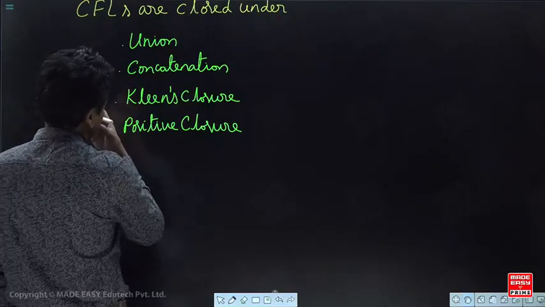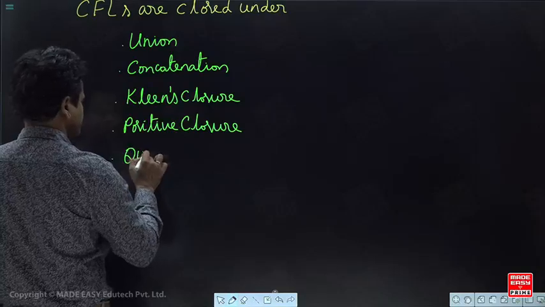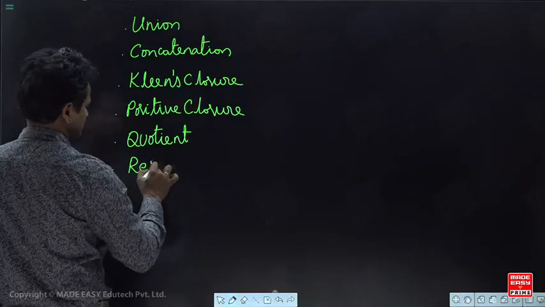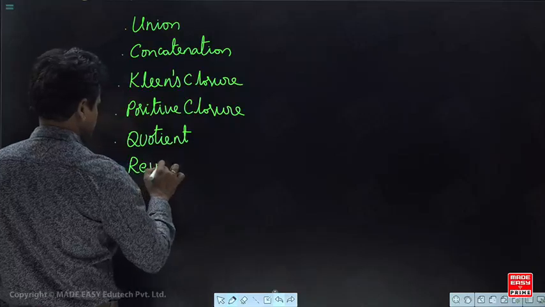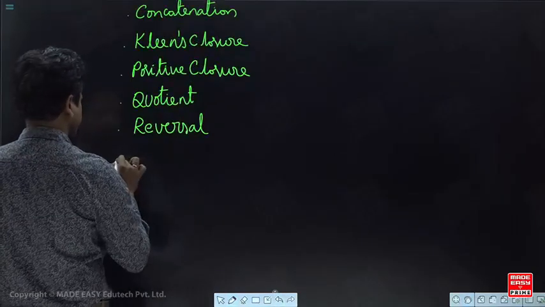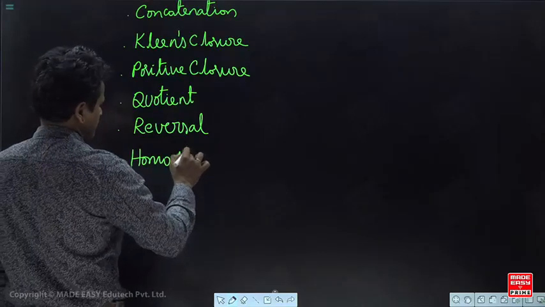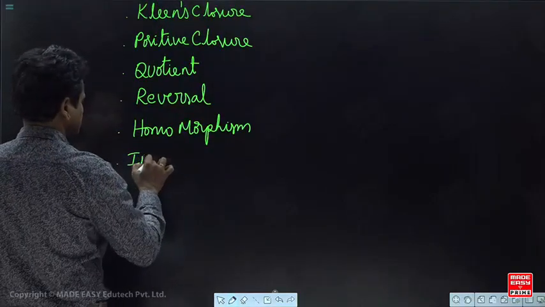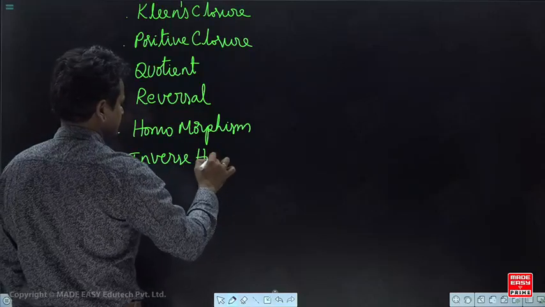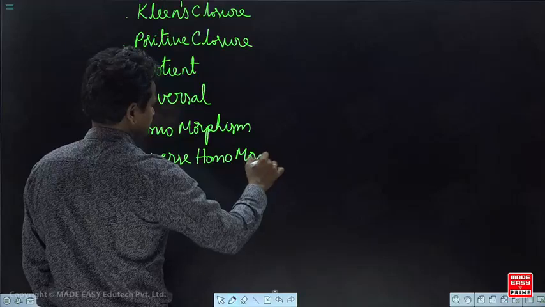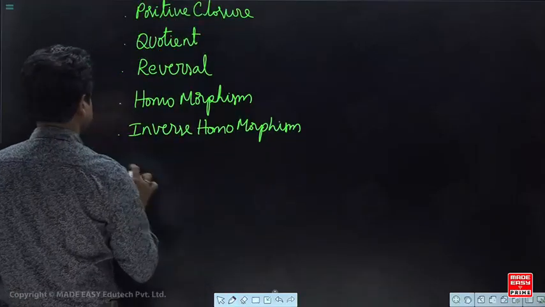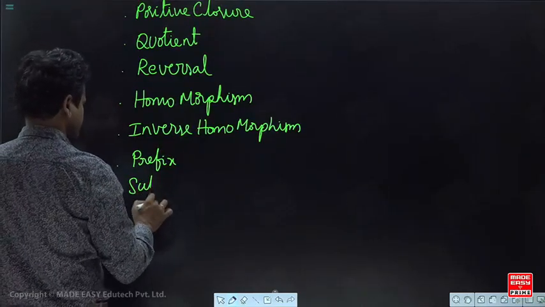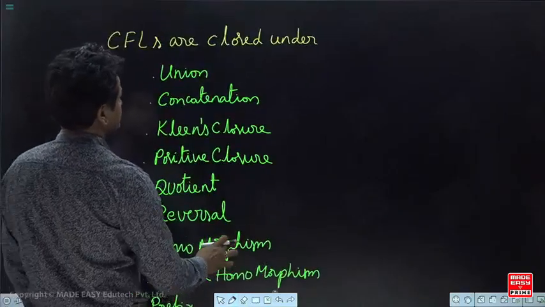Intersection is not closed, complement is not closed, set difference is not closed, quotient, reversal, homomorphism, inverse homomorphism, next prefix, suffix. Are you copying? So copy this, guys.